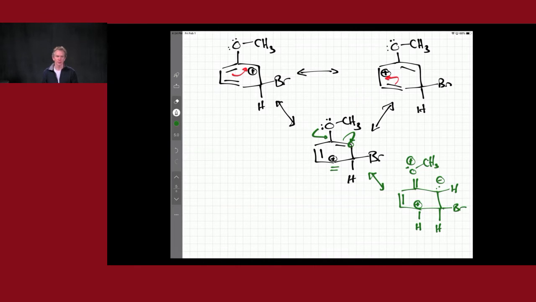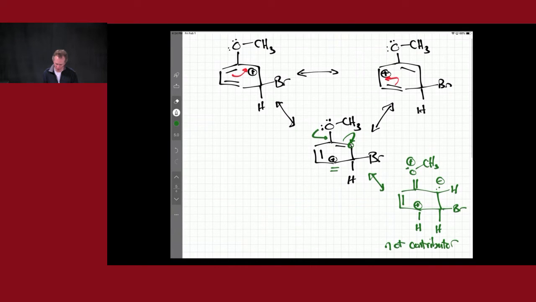All I really did was separate more charges in my structure, and I would say that this resonance form right here really doesn't contribute much of anything to the overall picture. Let's just say it's not a major contributor.